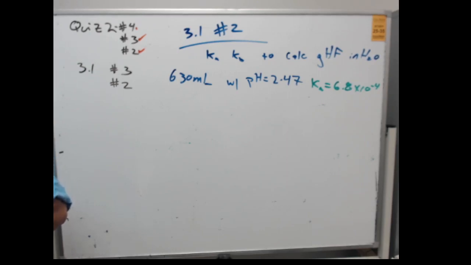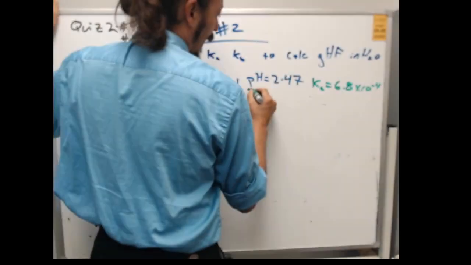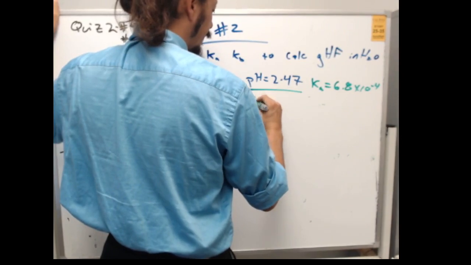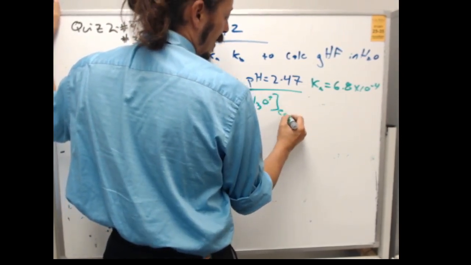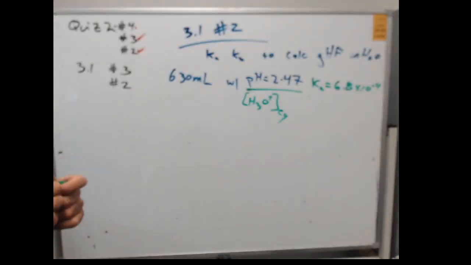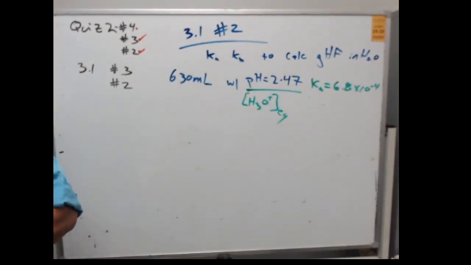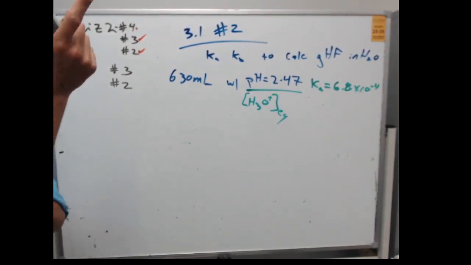What are our hints? The pH can get you the concentration of hydronium. Not only that, it gets us the concentration of hydronium at equilibrium. Remember, whenever we see pH, we never measure pH while it's changing, because then the probe would constantly swing around.